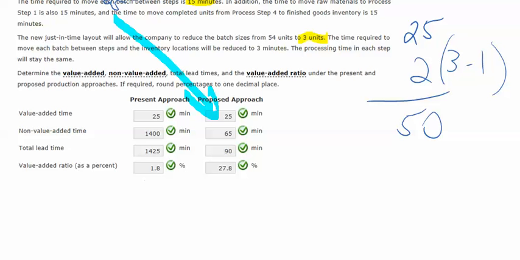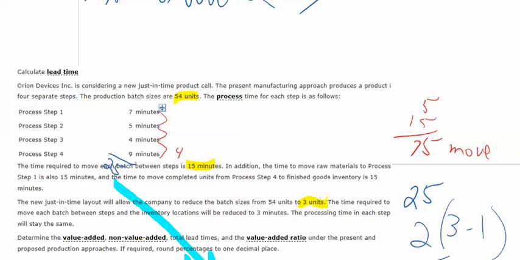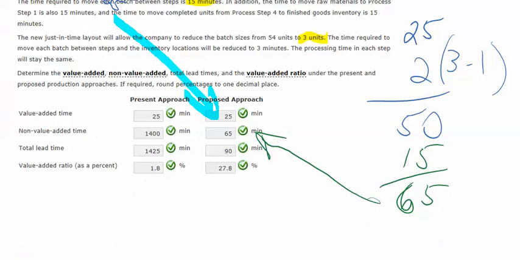So my 15-minute move time is added, and I get a total of 65, which I bring up here as 65 minutes of non-value added. My move time is now only 3 minutes per move, and we still have the five moves. Times 3 is 15 minutes of move time. We have 50 minutes of wait time. Total non-value added is 65.